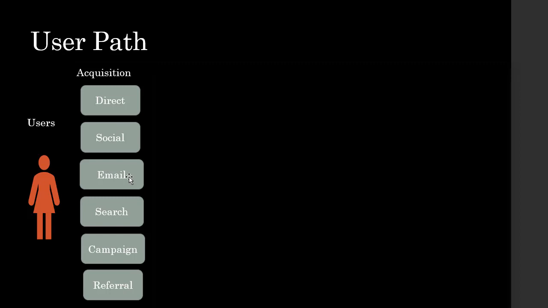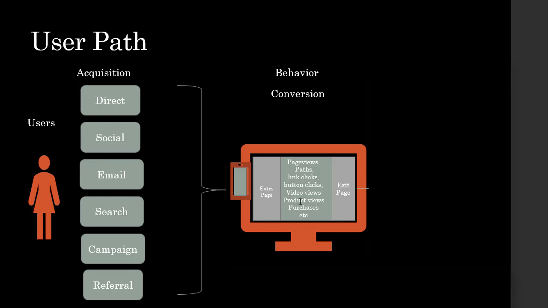A user comes through one of these various channels, whether directly typing in the URL, coming from social, email, search, any campaign, or link, maybe an app as well, to your site, and they use a device. It could be mobile or desktop or tablet. They enter through a page, do some activity, maybe don't do any activity, and then leave. All these pieces of a user path are an opportunity for you to conduct analysis and provide your insights.